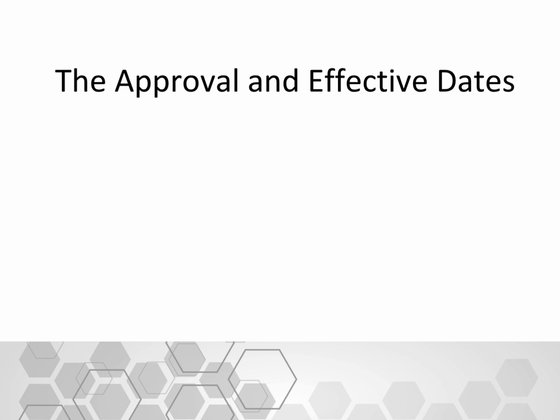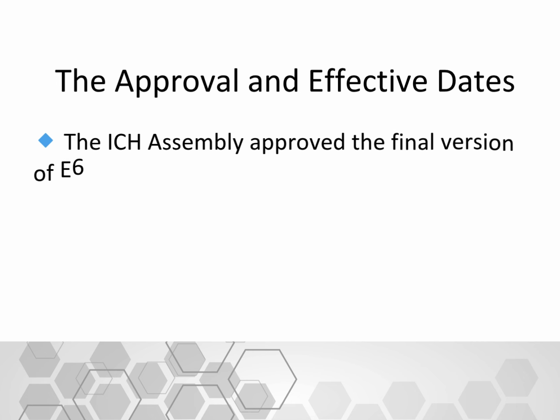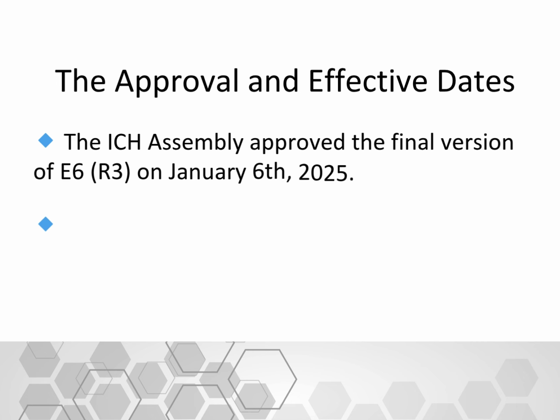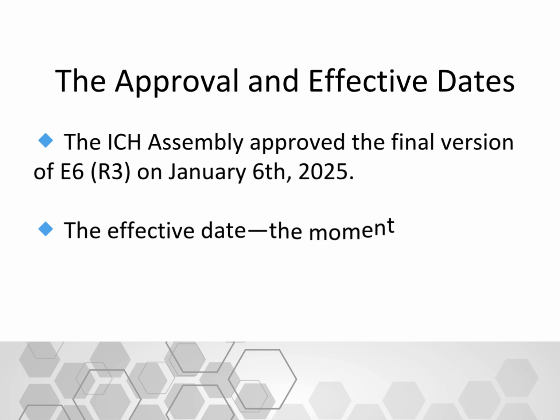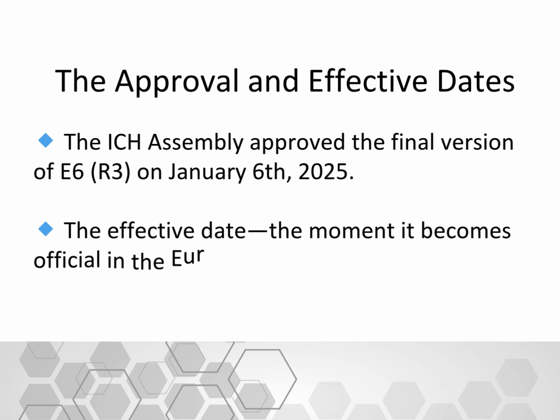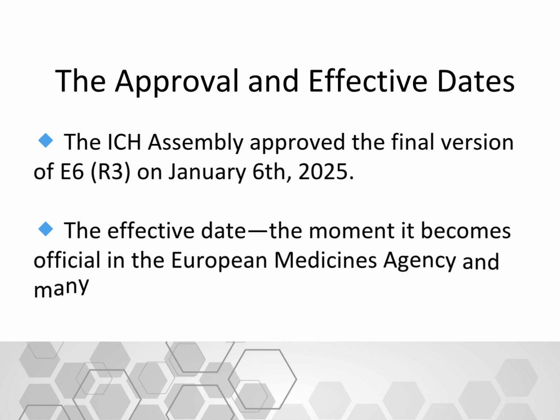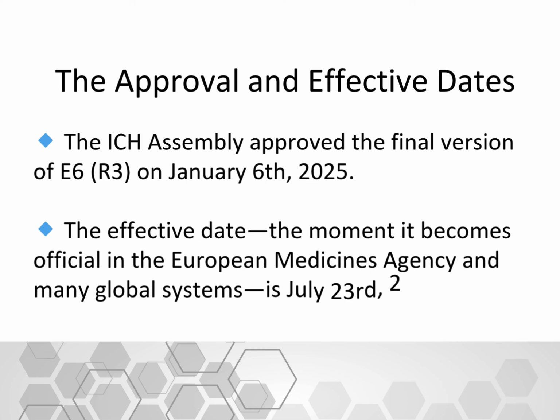The ICH Assembly approved the final version of E6 R3 on January 6, 2025. The effective date, the moment it becomes official in the European Medicines Agency and many global systems, is July 23, 2025. That means, depending on your region and your regulatory agency, this guideline is either already active or it will be in a matter of weeks.